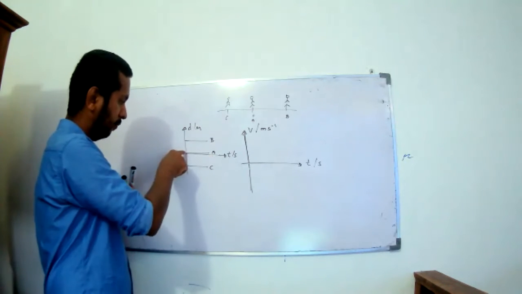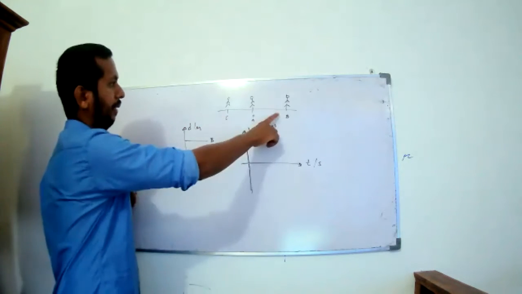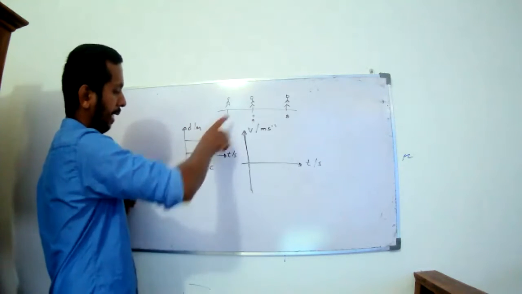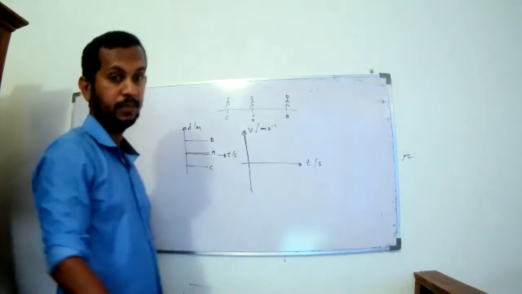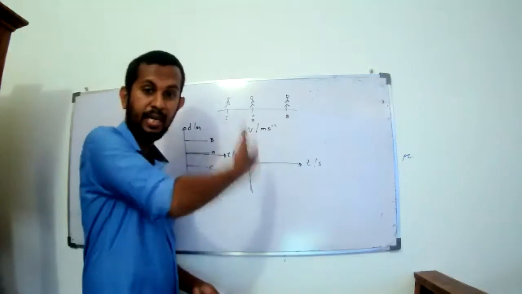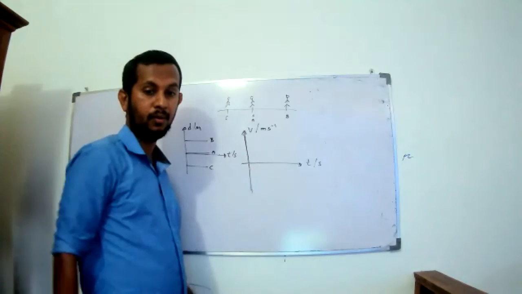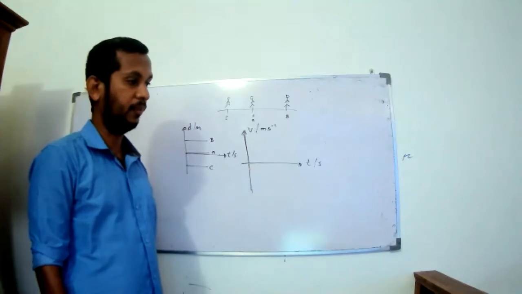At t equals 0, displacement is not marked here. This one has displacement marked on the positive side. This one has displacement marked on the negative side. In the displacement time graph we can find out the person's initial starting position, but in the VT graph we can't find it out.